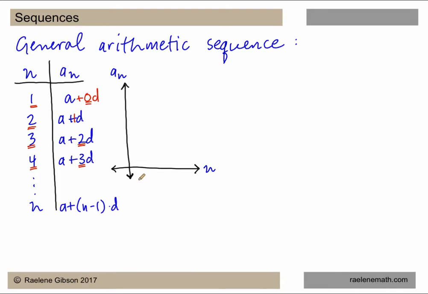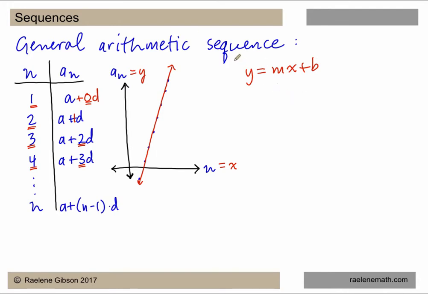And so if we were to plot some of these values, we remember that these output values and the input values, the sequence values, lie on a line. So that line has a form of y equals mx plus b. And we can connect that to the linear function by finding the slope and the y-intercept.